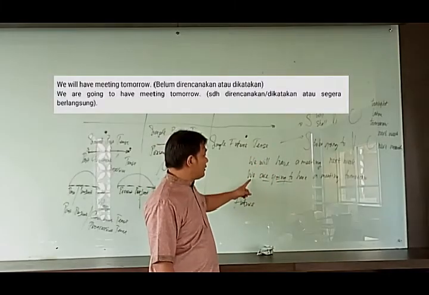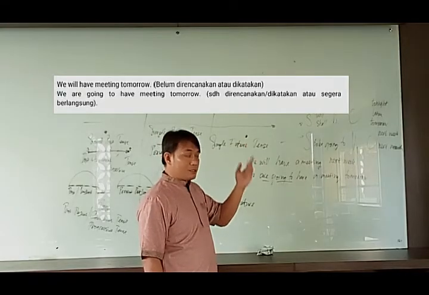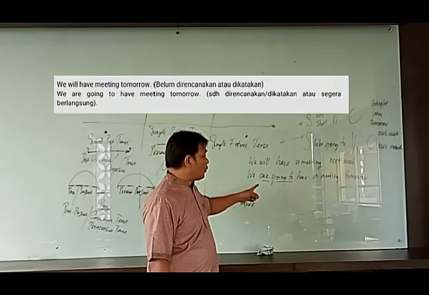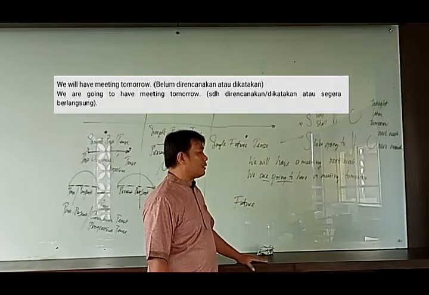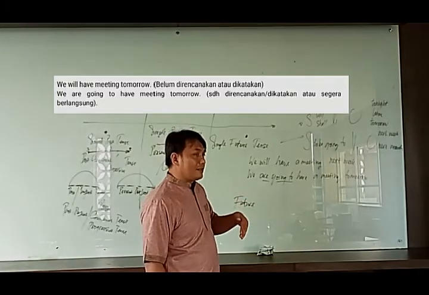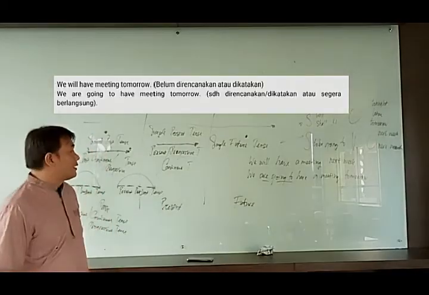And then this one, tomorrow, because last week already planned, so tomorrow will be done. So we say we are going to have a meeting tomorrow. Jadi sudah direncanakan atau sudah akan terjadi atau ada tanda-tanda.